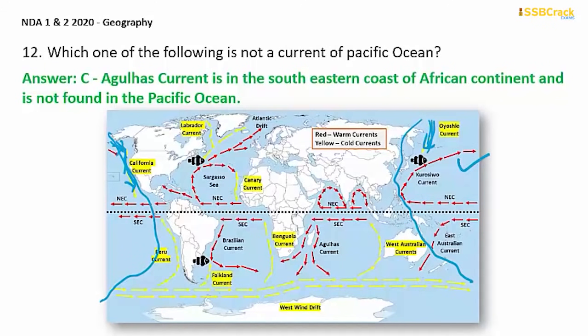So the south equatorial current in the Indian Ocean strikes the African continent, and it gets diverted towards the west wind drift or the southern current, of course, towards the Antarctica continent. And then you'll find the Agulhas current. This current, which is found on the south eastern coastal region of Africa, is a warm current, which is the Agulhas current. So this is the current which is not found in the Pacific Ocean, and instead it is found in the Indian Ocean. Correct answer will be option C.